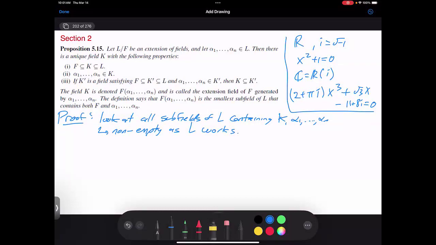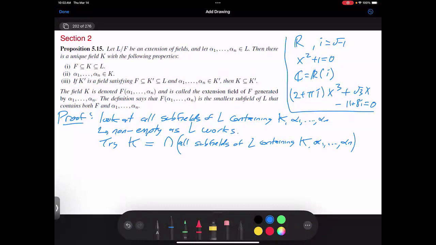Okay, so now let's try K is equal to the intersection of all subfields of L containing F, alpha 1, ..., alpha n. So you take any subfield that works and we take all their intersection.